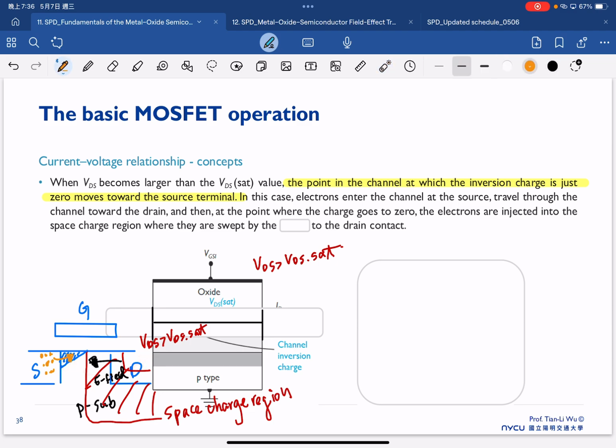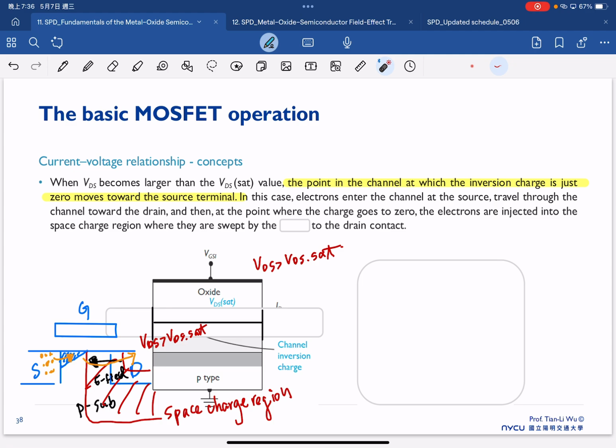So the carriers will be helped by this electric field to reach the drain side, in the end to become a current that we can collect from the drain terminal here.